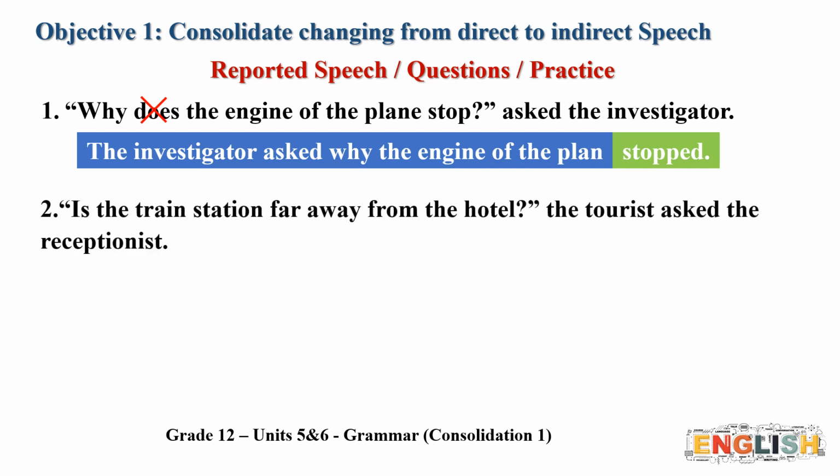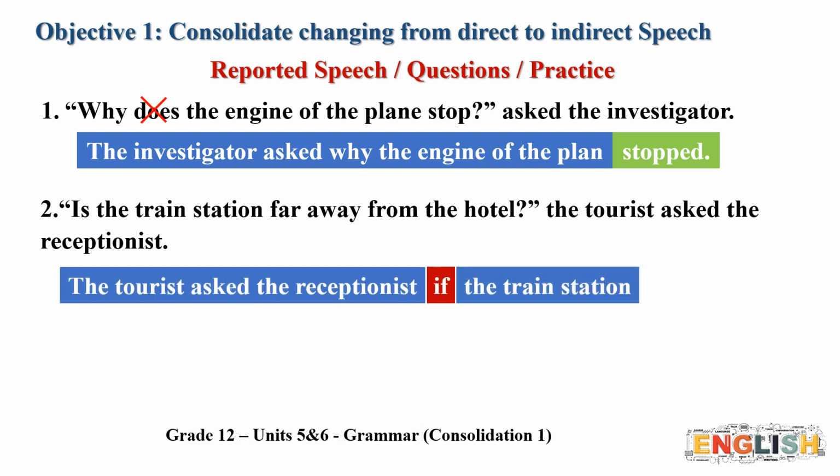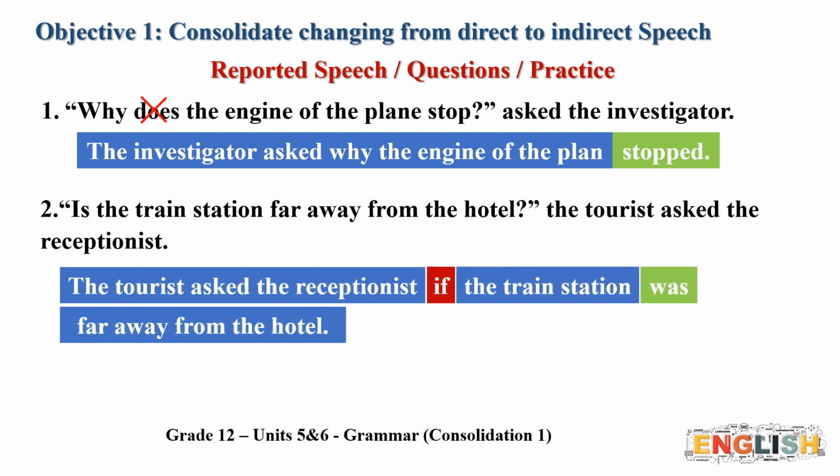The second example is a yes/no question. Please pause the video and report this question. Very good. The answer, so you use if and the verb to be is changes into was, and we place it after the train station and not before it. Very good.